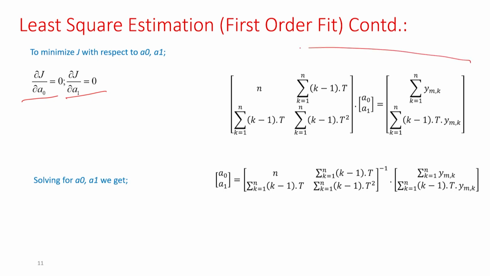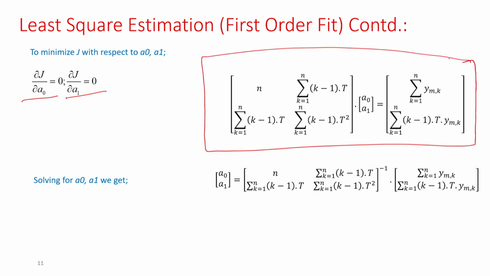So, once you solve it, you will get something like this. Okay. So, this is your sum of measurements from k equal to 1 to n, n is your number of data points, and plus this, and this is your data points. Okay. K equal to 1 to n, k minus 1 into t something. So, these are all your time series data.